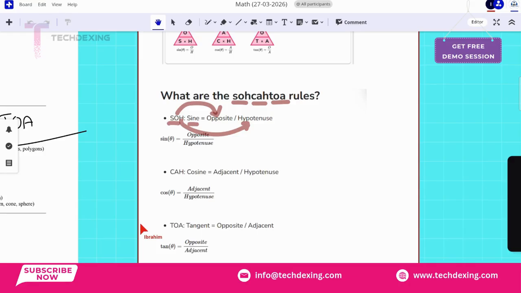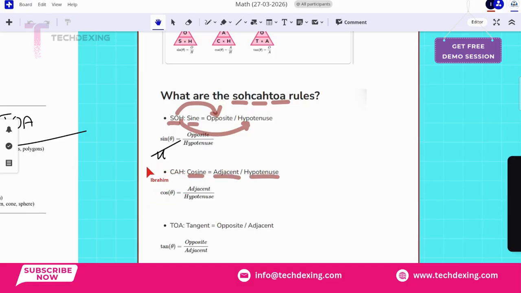You will learn about this, but before that you need to understand the meaning of SOH. S for sine, O for opposite, H for hypotenuse. So sine theta equals opposite over hypotenuse. Similarly, the meaning of CAH: C for cosine, A for adjacent, H for hypotenuse.